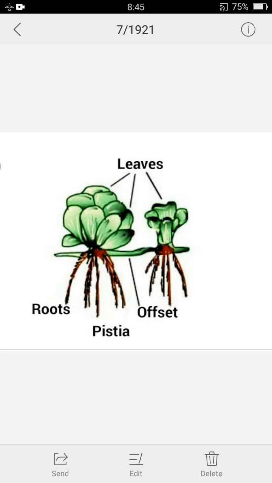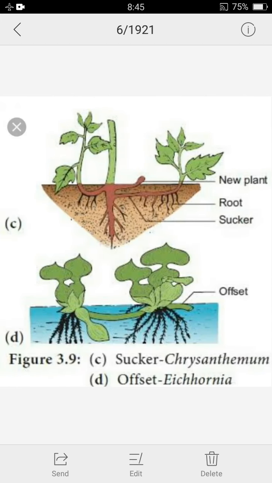And a tuft of roots, you can see in the diagram, is found in aquatic plants like Pistia and Eichhornia. So these also help in producing new plants, nothing but vegetative propagation through these stems called offsets.